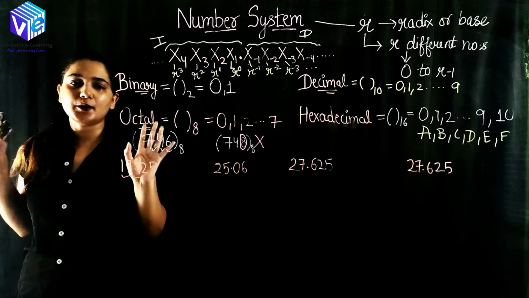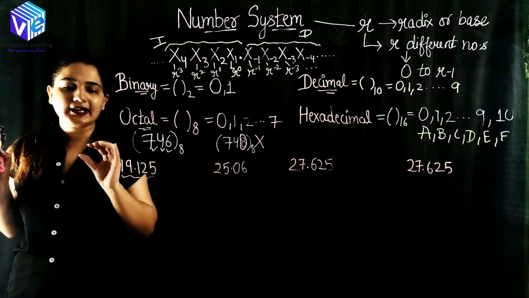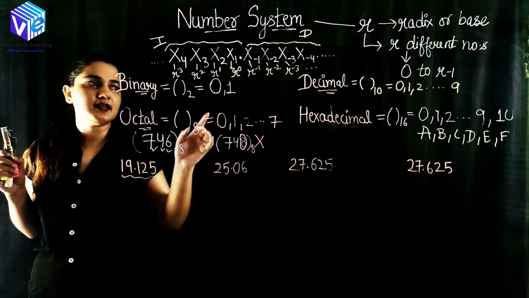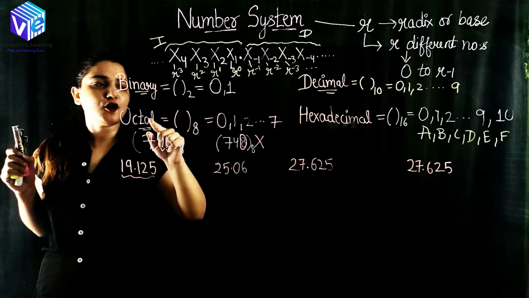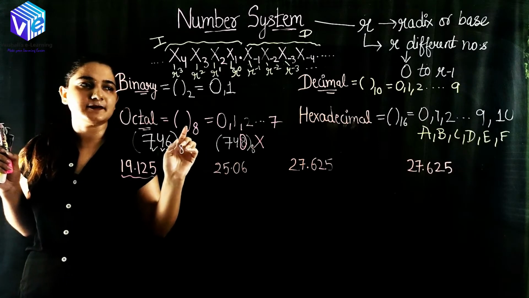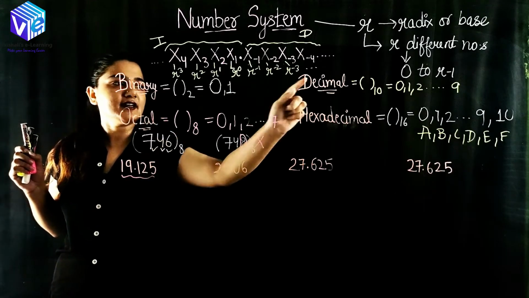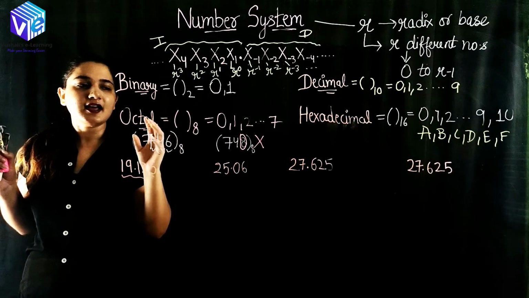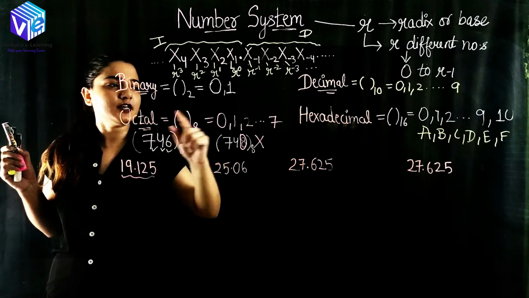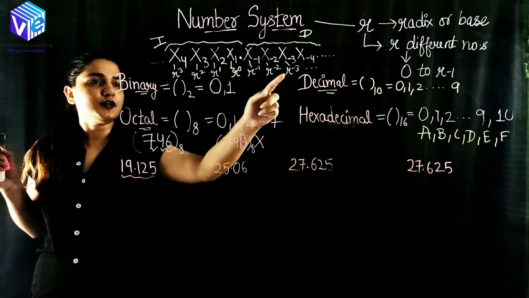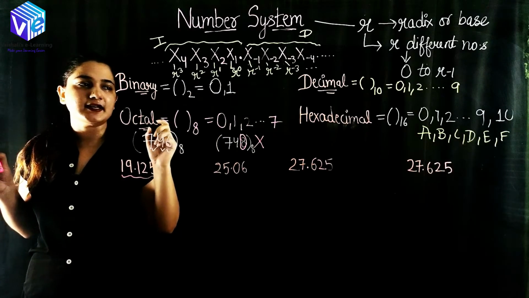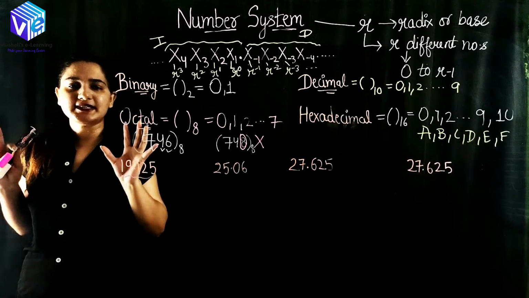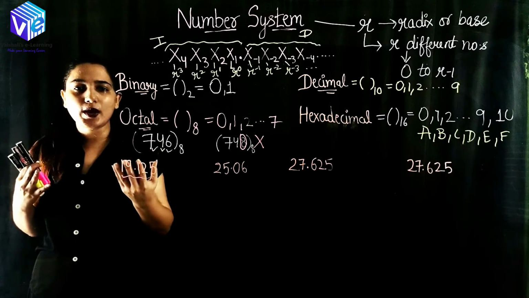All of the conversions are possible: I can convert decimal to binary, decimal to octal, decimal to hexadecimal. I can convert binary to decimal, binary to hexadecimal, binary to octal. Similarly, I can convert octal to hexadecimal, octal to decimal, octal to binary. So every number system can be converted into another.